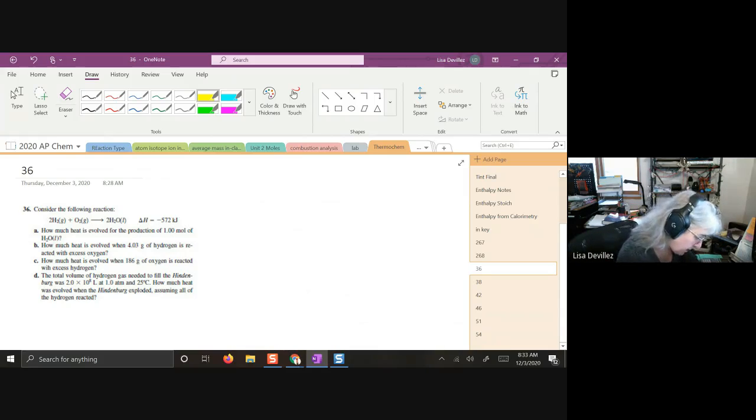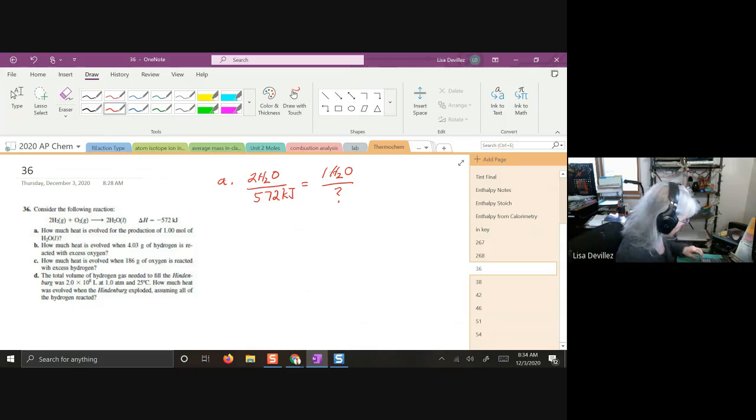Okay, so here we've got our reaction, and it says how much heat is evolved for the production of 1 mole of the liquid water. So this one is actually fairly straightforward. We have our ratio there: 2 moles of water is 572 kilojoules, which I know you guys can do this math in your head, but 1 water is what we're solving for.